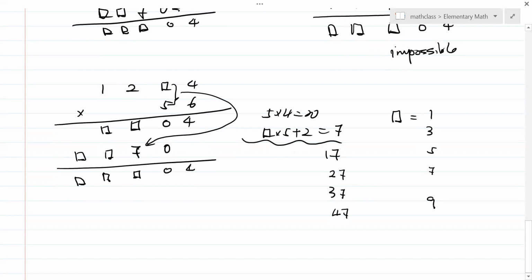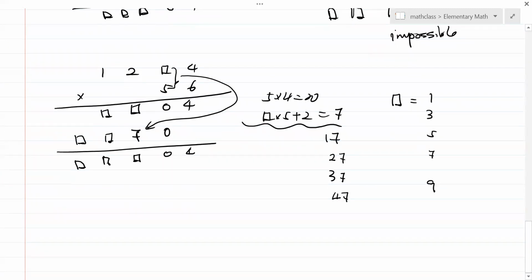So those are the possible solutions, okay? But I think after you try all of them, only this works when it's a 3. That works. Okay. So sometimes you need to try to see if it's working.